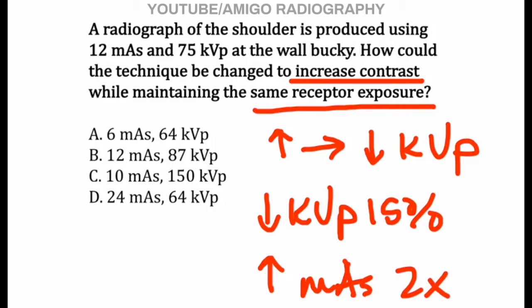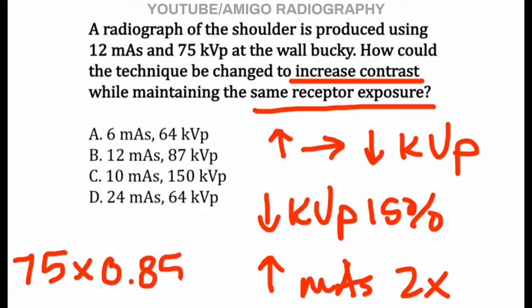First, we need to find an option that decreases our kVp by 15%. If we take our kVp, which is 75, and multiply it by 0.85, that's going to give us a new kVp of 64. And again, you might be wondering, well, how is multiplying 75 by 0.85 subtracting 15%? So the number 1 minus 0.15, which is 15%, is 0.85.